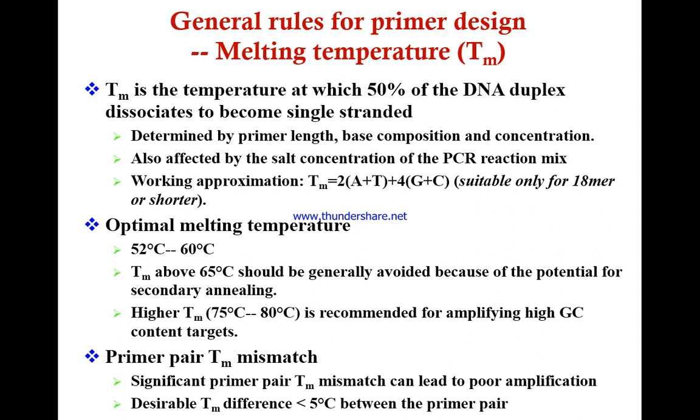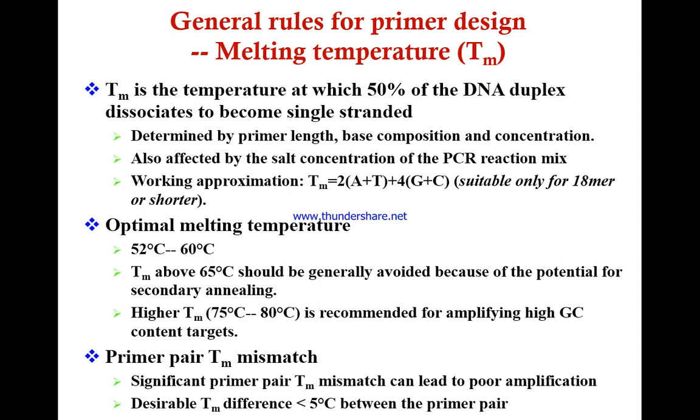We count how many A are present in our primer and write that number here for A, and likewise for T, G and C. So this must be understood. The optimal melting temperature is 52 to 60 degrees centigrade. A Tm above 65 degrees centigrade should generally be avoided because of the potential for secondary annealing.